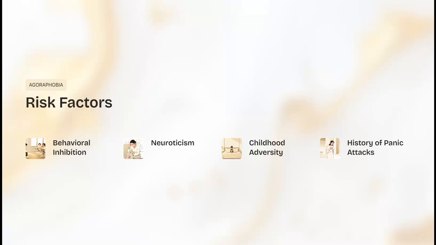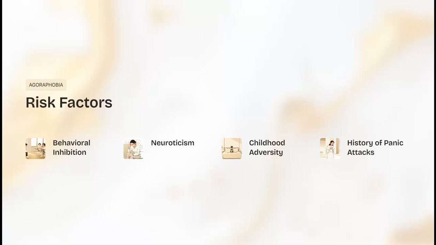Recognizing the risk factors is important for early identification and prevention. One of the risk factors, behavioral inhibition, is a temperamental trait of withdrawal from novelty and heightened reactivity. It's a robust early predictor of anxiety disorder development. Neuroticism is characterized by high negative affectivity and emotional reactivity.